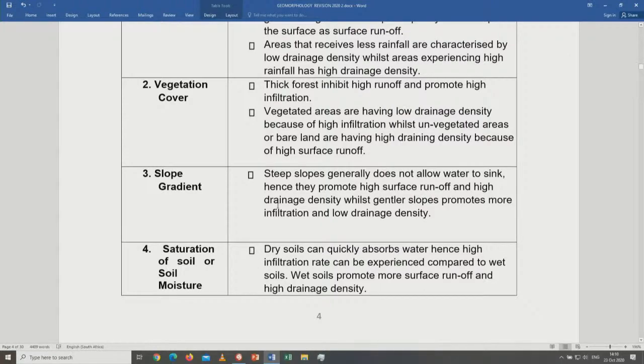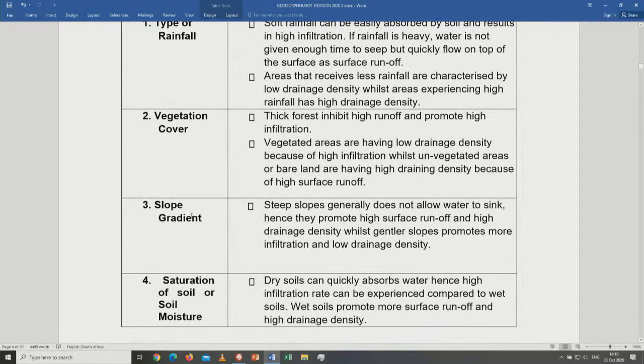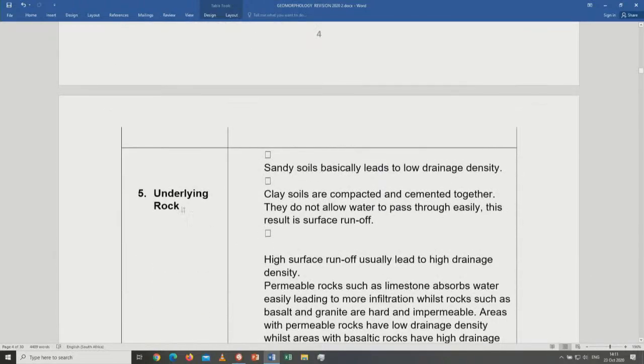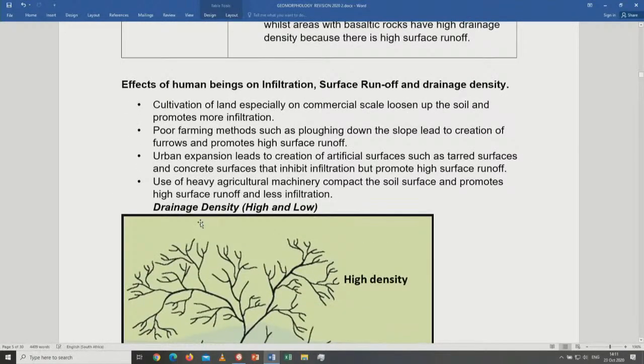And then now here are other examples over here. We're having the types of rain, vegetation cover, slope gradient, saturation of a soil or soil moisture, and the last one, which is underlying rock. And then now the effects of human beings on infiltration, surface runoff and drainage density.